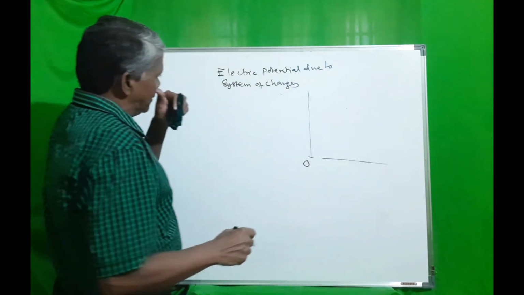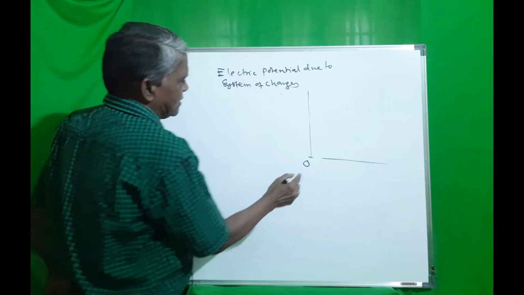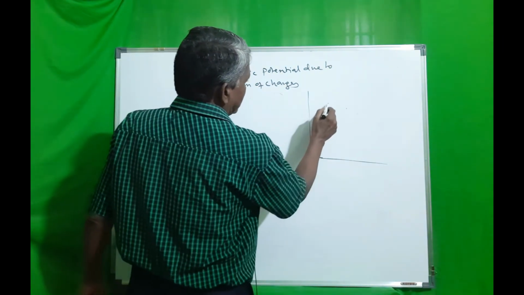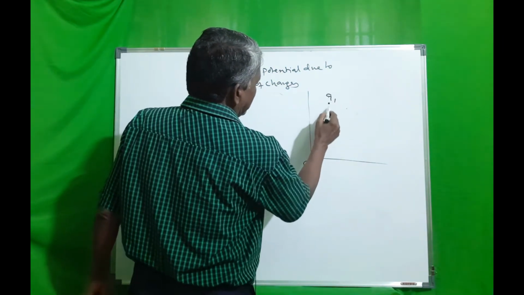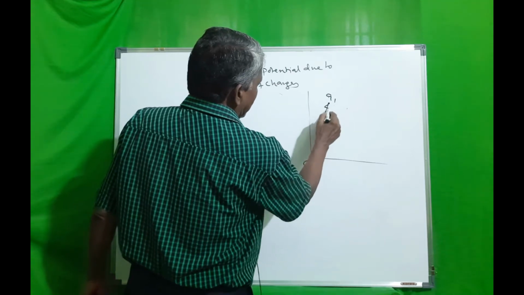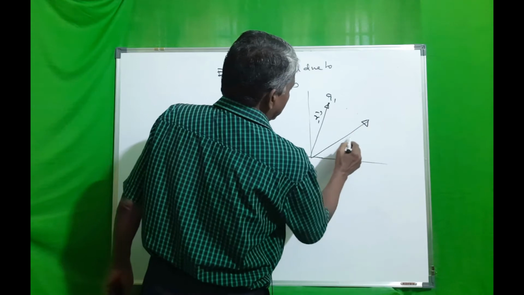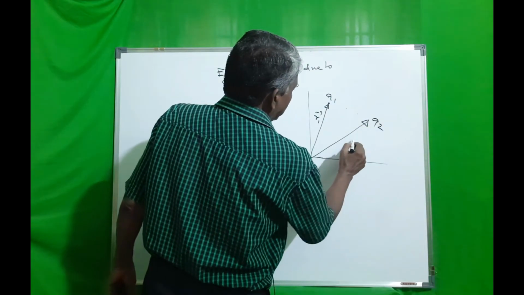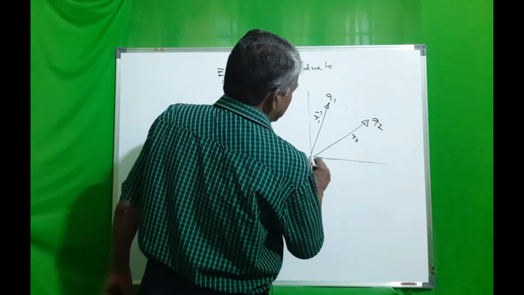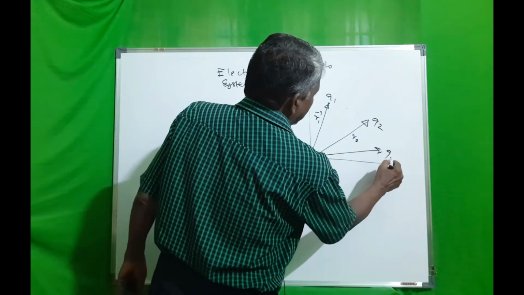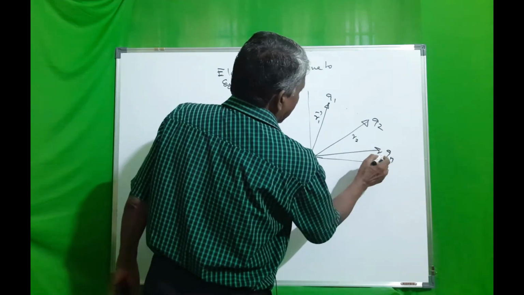Let O be the origin of a coordinate system or reference system. Suppose there is a charge q1 with position vector r1, q2 with position vector r2, qn with position vector rn.